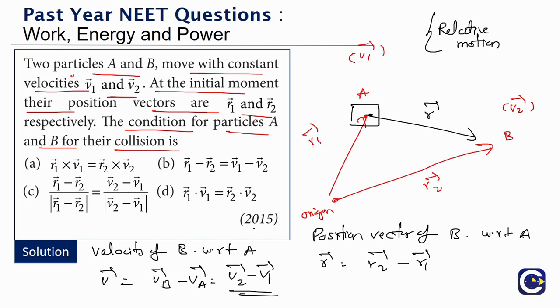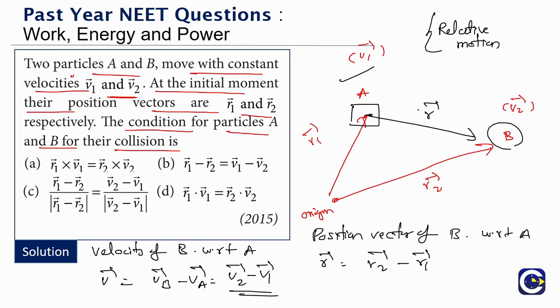Now we need to understand the condition for collision to happen. Since we are making A the observer, as per the relative motion concept, we visualize that A is not in motion, only B has the relative motion.